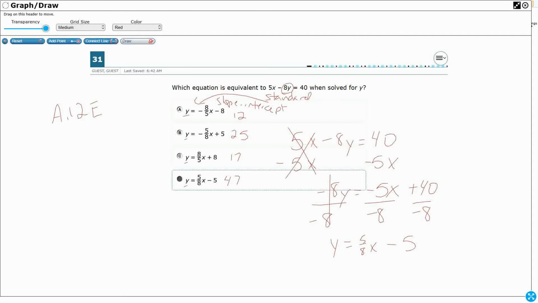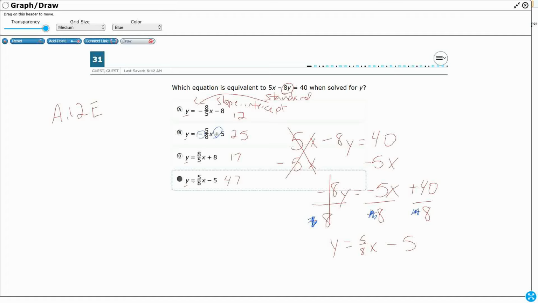And that was really a sign error. You can get all the way down to this point right here, and you notice that all the signs are reversed. This is a negative 5/8. This is a positive 5/8. This is a positive 5. This is a negative 5. What they most likely did is they divided by 8. They didn't divide by negative 8.